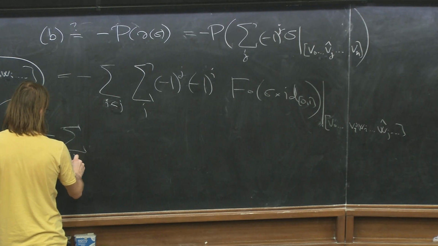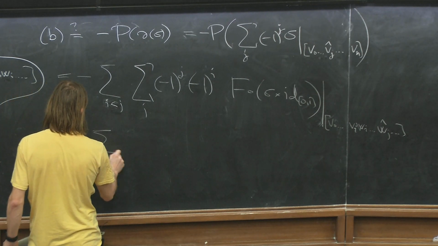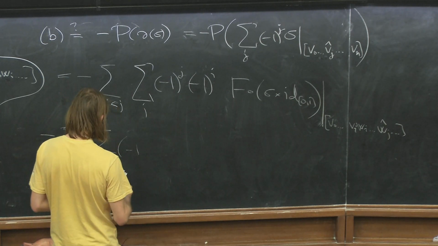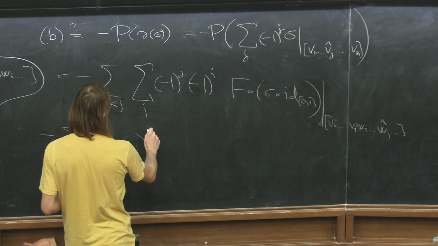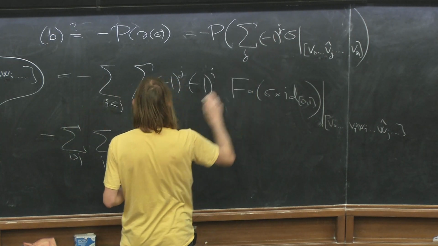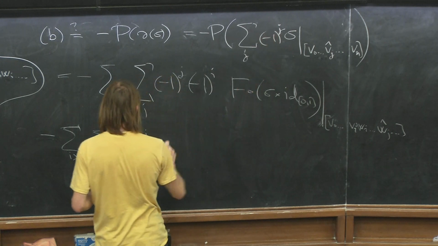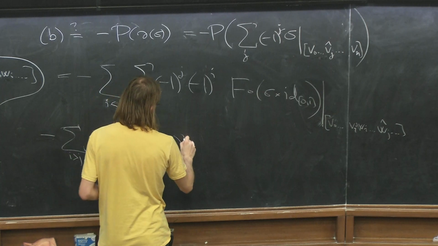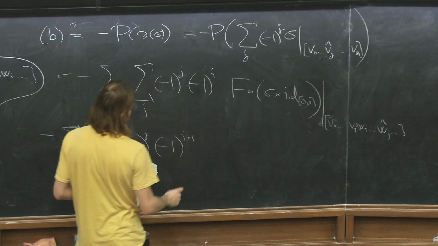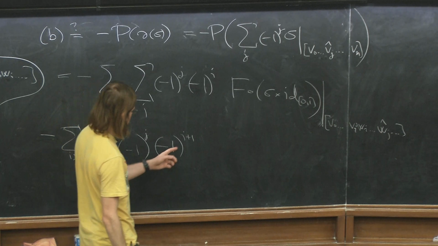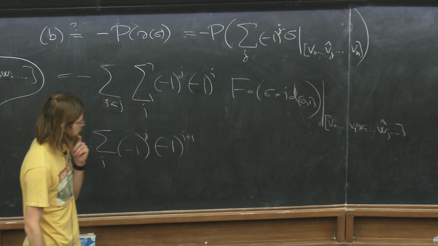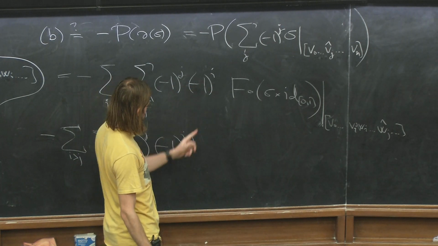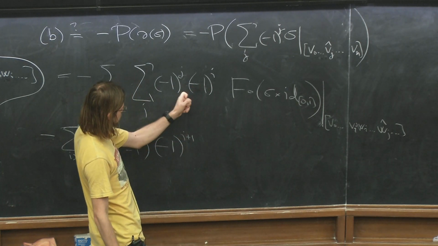And there also will be some terms for i greater than j. Again, there will still be (-1)^j, just carried over from here. And there will be (-1)^(i+1). This is a sign from the definition of the prism operator. Again, we have a +1, a kind of +1 jump compared to this part.